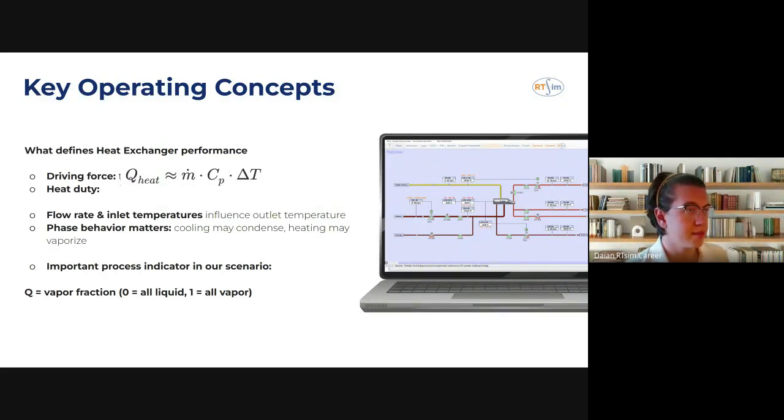Cooling may condense, heating may vaporize, but that is connected with the reboiler. And an important process indicator in our scenario that cools is the vapor fraction. I will show you a device that shows us the condensation ratio between liquid and vapor.